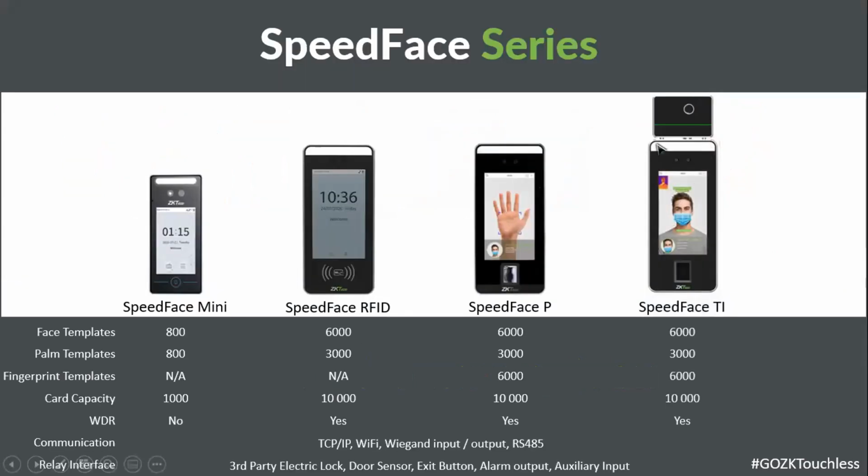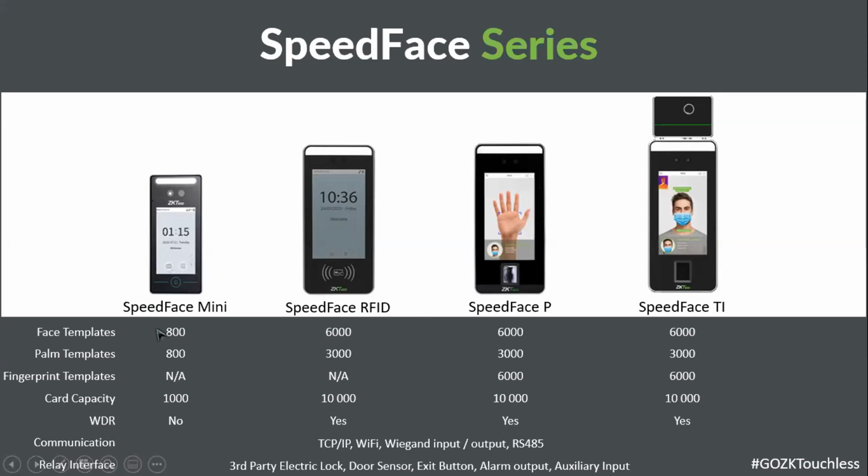We'll be focusing on the SpeedFace series. The first one is the SpeedFace Mini, the second is the SpeedFace RFID, the third is the SpeedFace Palm, and then the SpeedFace TI. The nice thing about the SpeedFace Mini is that it is very cost effective.